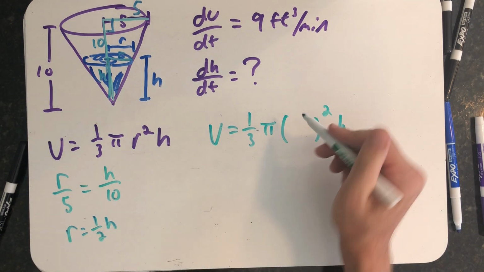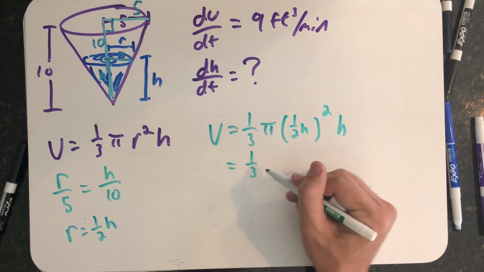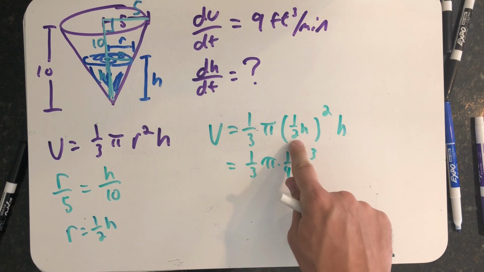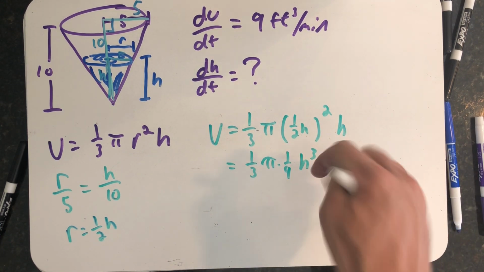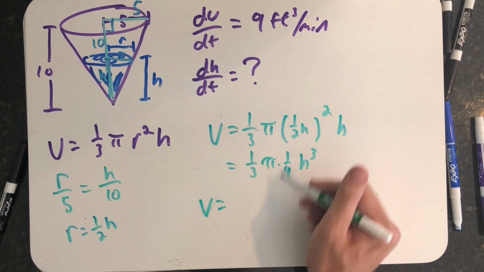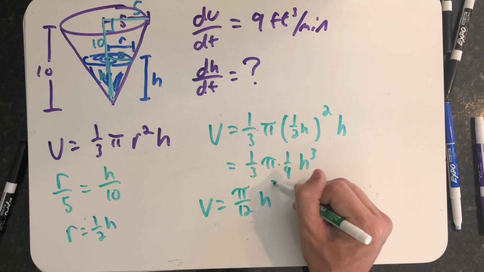All right, so I plug 1/2 h in here. I have to square this, so I get 1/4 h squared, but times that h gives me my h cubed. And now my final formula here, 1/3 times 1/4 would be 1/12. So I end up with pi/12 h cubed.